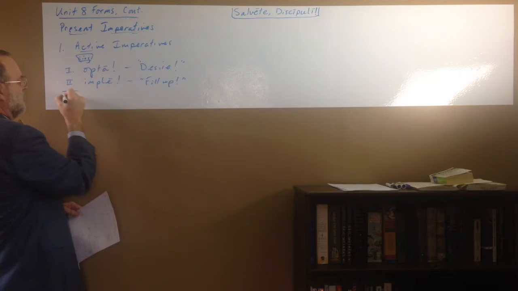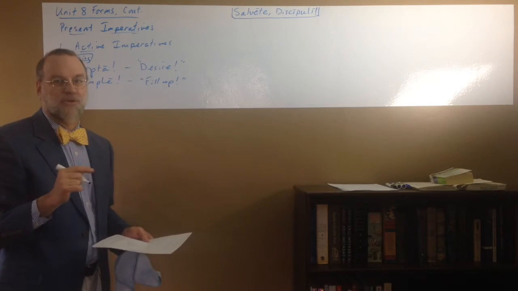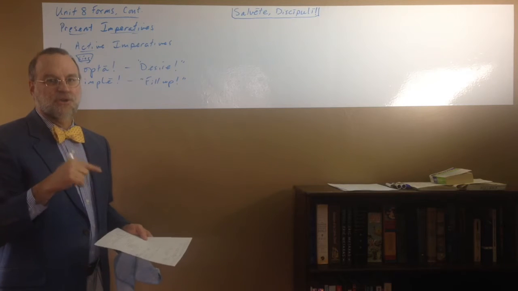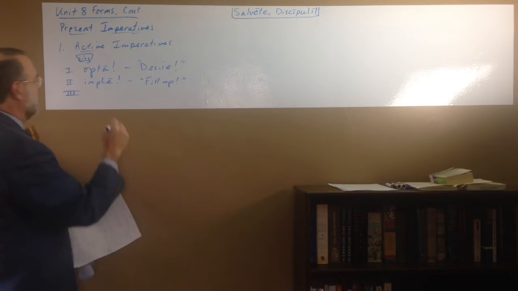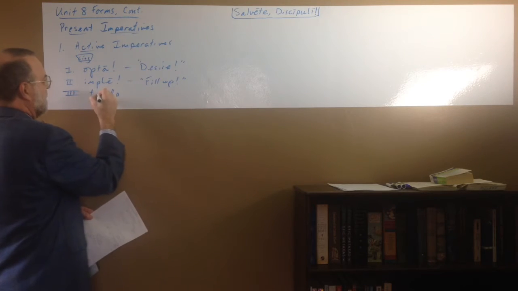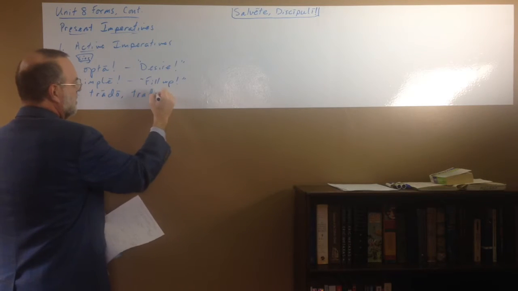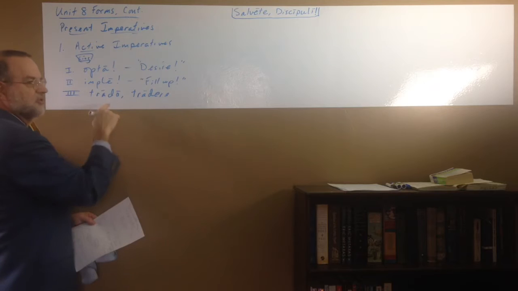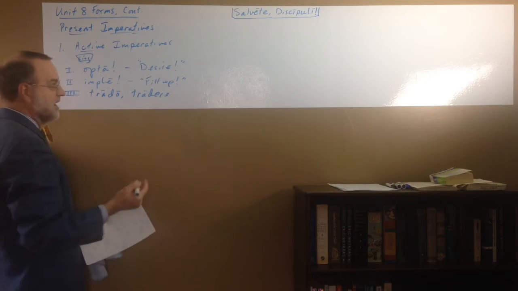Third conjugation, I'm going to use a verb that's different than the model verb because duco, ducere is one of those verbs that's irregular in the singular form, so I'm going to jump over that now and use, I think we've done a synopsis on it before, trado, tradere, which means to trade, to hand over, or betray.